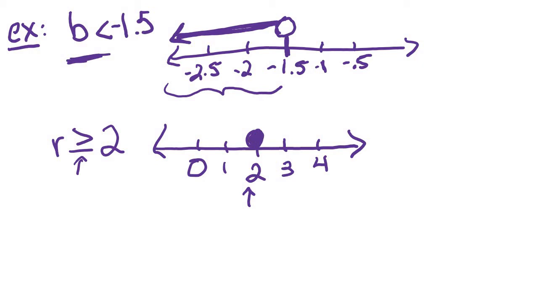And we want all the numbers that are greater than 2, which is going to be all the ones on the right. So we're going to draw our arrow like this. And that is the graph of our solution set. All right, pause here if you want to copy that down.